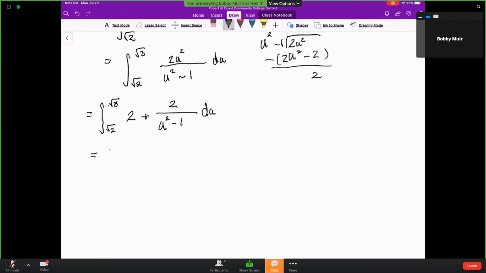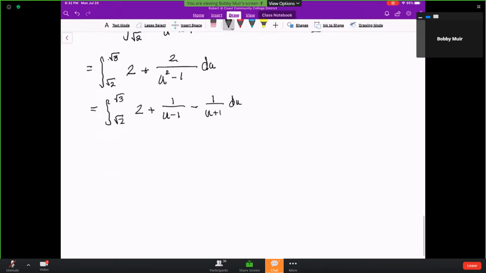All right, now I've done that partial fraction decomposition so many times that I know it by heart. u minus 1 over u plus 1 du. Okay. Integrate the whole thing. 2u plus the log of u minus 1 over u plus 1, evaluated at radical 2 and radical 3.